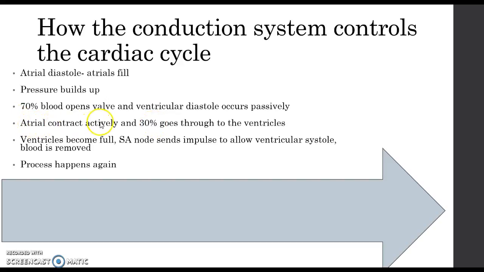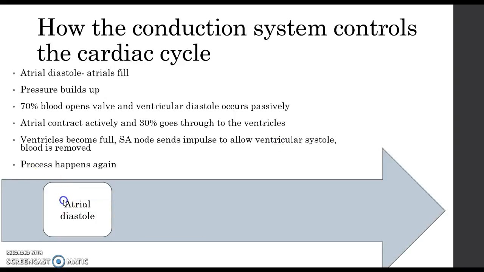So the atria contract actively, pushing through the blood, so it contracts from the top to the bottom, where the ventricles then become full and the SA node sends an impulse to allow ventricular systole. This is where the blood is moved, so the ventricles contract from the bottom because of the Purkinje fibres all the way up to the top to remove all the blood.